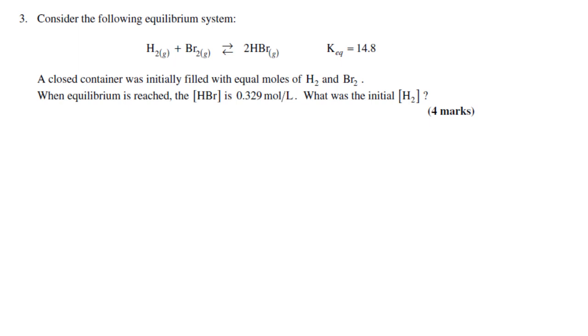So this one is legit tricky, so let's take our time. H2 plus Br2 turns into 2 HBr. Everything is gas, so everything goes into our ice table, everything goes into KEQ.